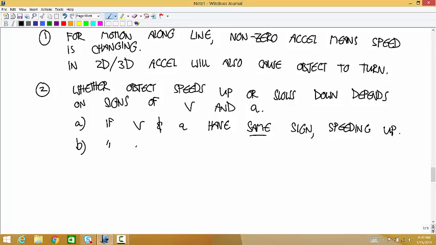If velocity and acceleration have opposite signs, then the object's slowing down.